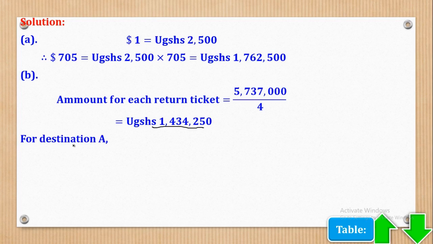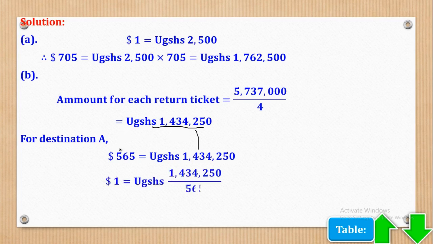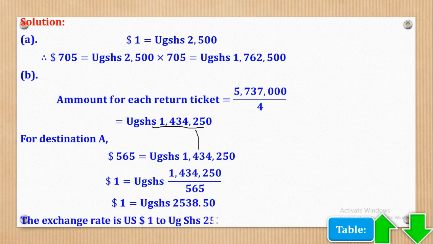Therefore, for destination A, we know that US dollar 565 is equal to this amount which he paid for a return ticket of destination A. Now, when I divide both sides by 565, I'll come up with $1 is equal to Ugandan shillings 2,538.5. So that was the exchange rate for that destination.